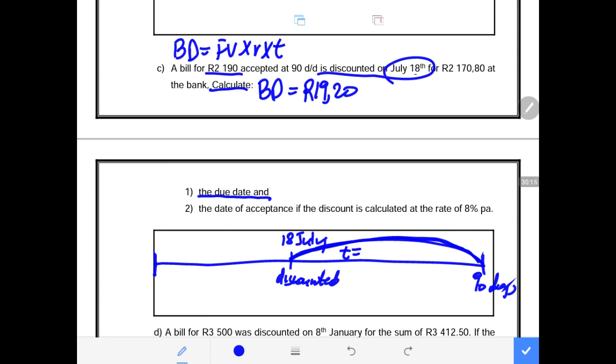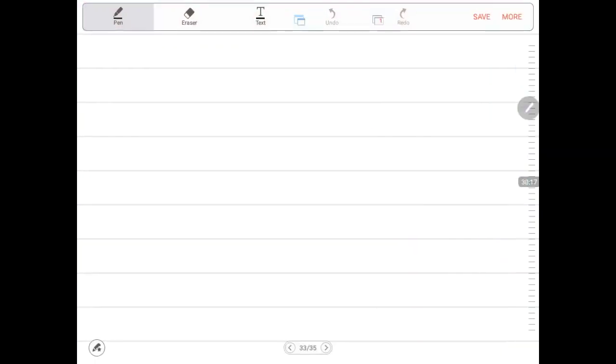Now let us go ahead and calculate our unexpired period. Remember, unexpired period is our T, and T is equal to BD divided by the face value times the rate. And we must not forget to multiply this by 365 because we are looking for the number of days.